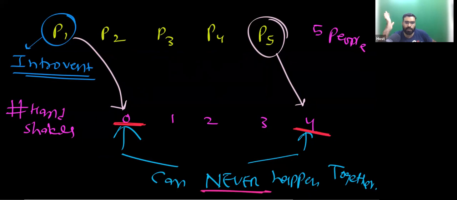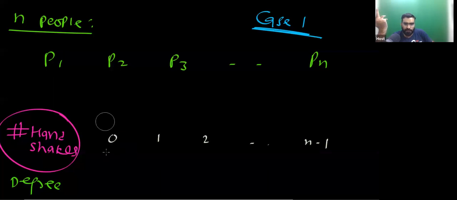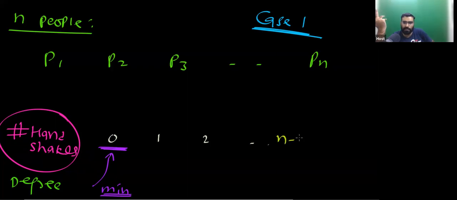If they can never happen together, so you can create 2 cases. Case 1, what is case 1? If this happens, if this is the minimum, then what will be the maximum? The maximum will be n minus 2.